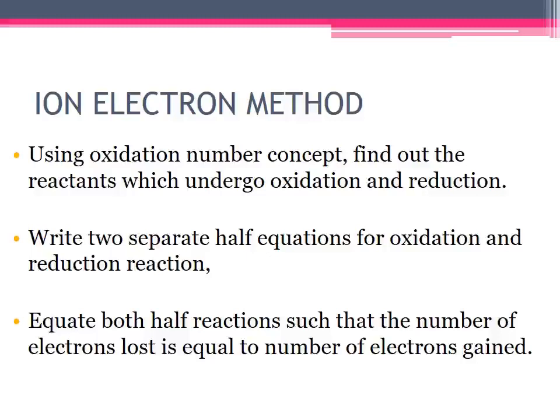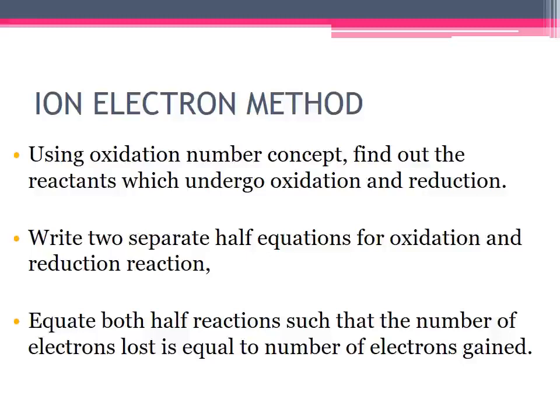Now the two half reactions: Fe2+ gives Fe3+ plus 1 electron, and MnO4 minus plus 5 electrons gives Mn2+. Now balance the atoms and charges on both sides.